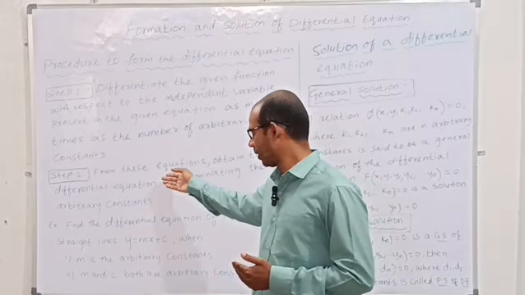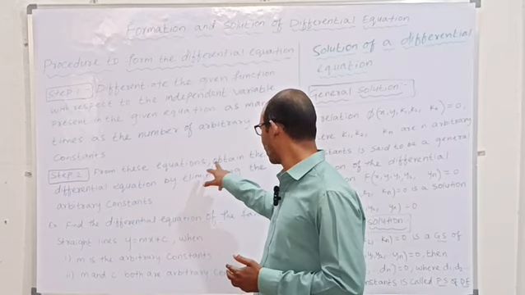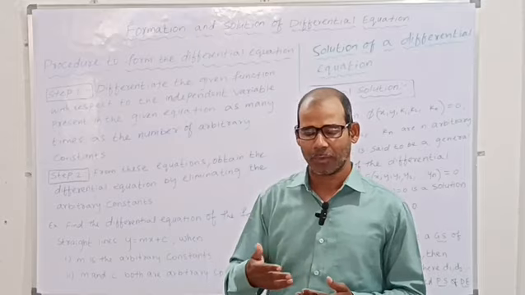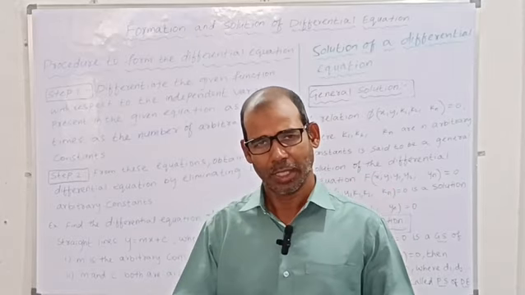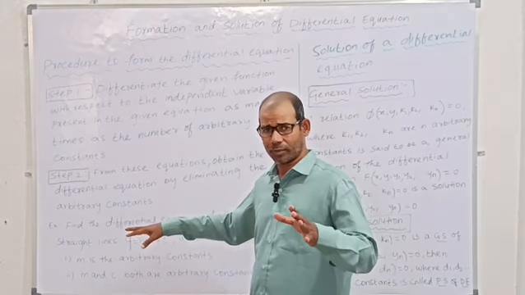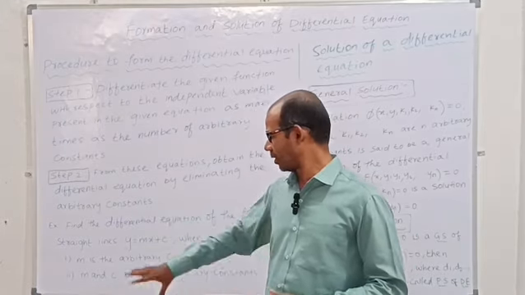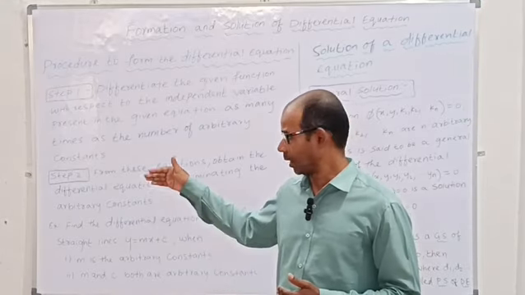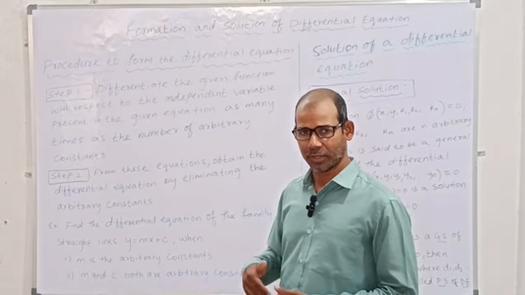Then the next step is to obtain the differential equation by eliminating the arbitrary constants. Once you eliminate the arbitrary constants, you will get the differential equation. We are not going to form the differential equation now, this is just an example. In the next video, we are going to discuss the formation of differential equations and their solutions.